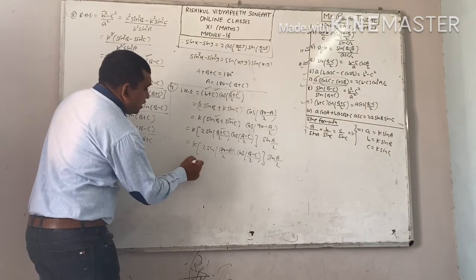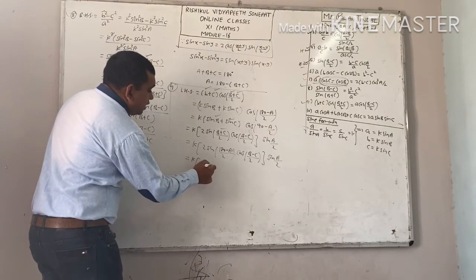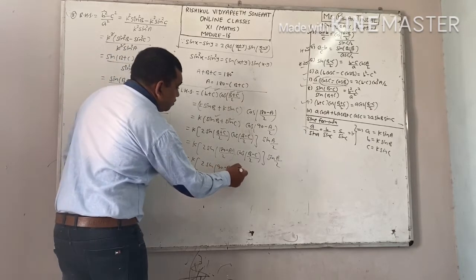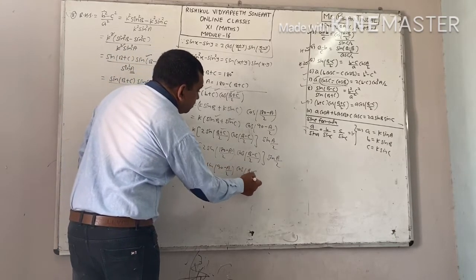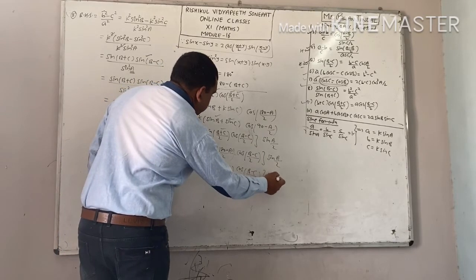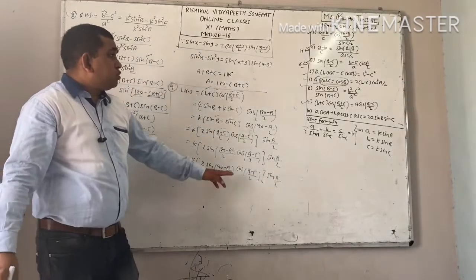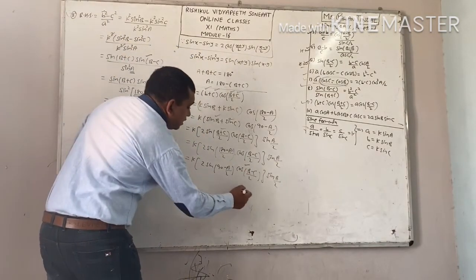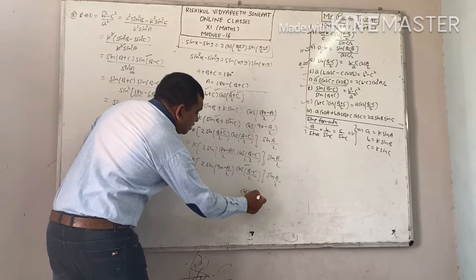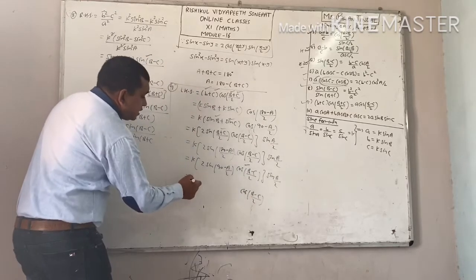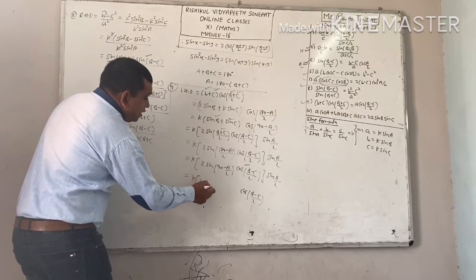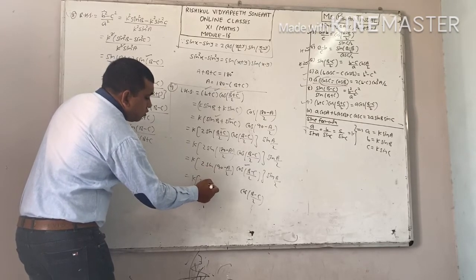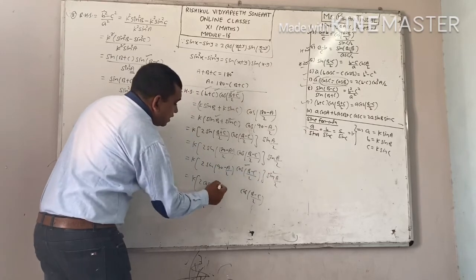This is your K 2 sin 180 by 2, 90, 90 minus A by 2, cos B minus C by 2 into sin A by 2. Now cos B minus C by 2 we require in our answer. Take it outside. Now see what is left. K is left, 2 sin 90 minus theta. This is your cos theta. 2 cos A by 2 and this is left sin A by 2.